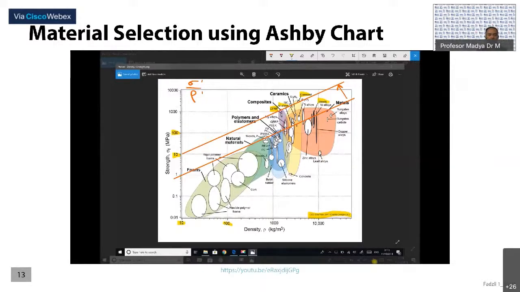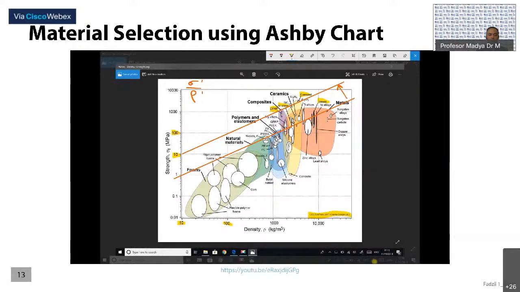Now obviously we would rule out diamond, it's very expensive and it's very difficult to form, so really the material that's left in terms of strength to weight ratio is the composite material carbon fibre reinforced polymer. So for a high performance bike we're probably looking at carbon fibre reinforced polymer as our material.